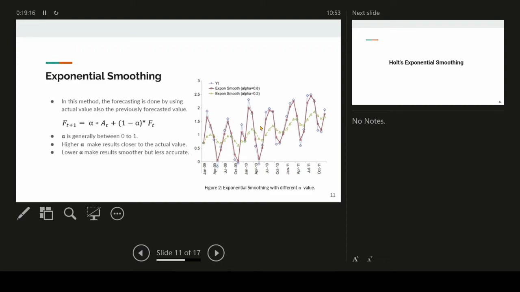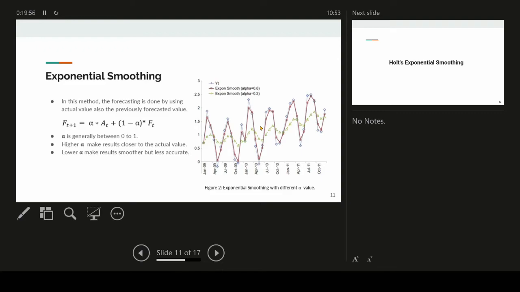Here we can see in the graph the red line indicates alpha is much higher, closer to 1, so it is naive forecasting. It gives a higher role to the previous week of actual data, and that has fluctuation in it. You can see there are lots of fluctuations, but we have to talk about smoothing. So we can set alpha nearer to 0.